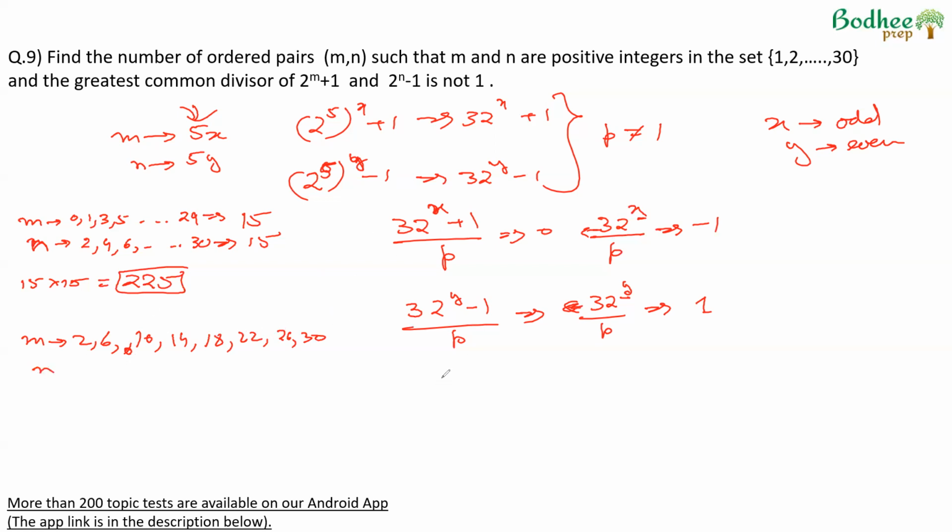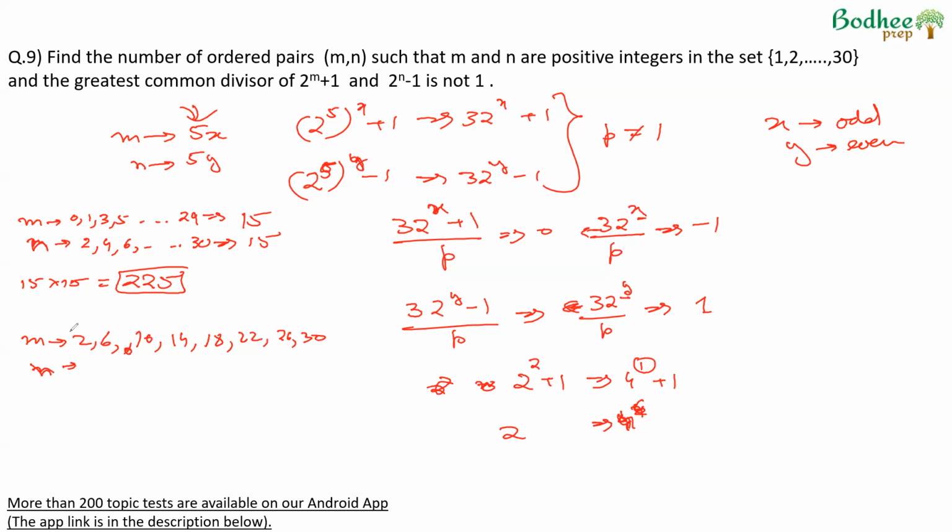Now, what I'm trying to say here is if m is 2, I'm writing 2 raised to power 2 plus 1. What we can do is take the square inside and say 4 raised to power 1 plus 1. So here, the power becomes odd. The only thing is correspondingly, n has to have a power which is a multiple of 2. So n has to have a power which is at least 1 higher than the power of 2 which m has.